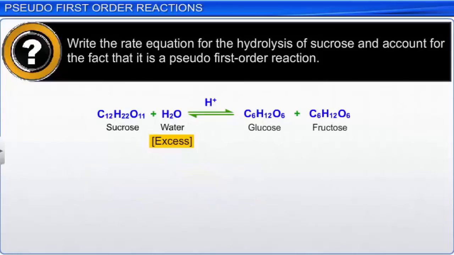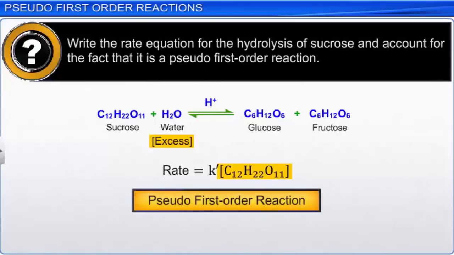As a result, the rate equation can be written as rate is equal to new rate constant, K dash, multiplied by concentration of sucrose. Since the rate of reaction depends only on one concentration term, it is a pseudo first-order reaction.